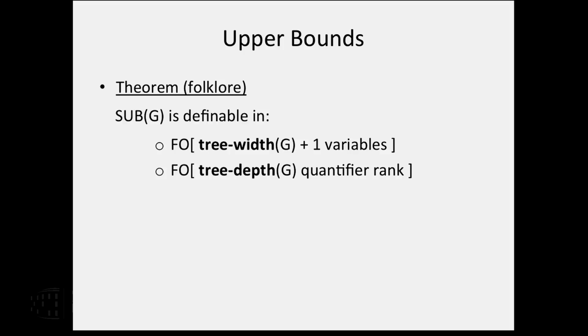It's not hard to show that the G subgraph isomorphism problem is definable by a first order sentence with tree width plus 1 variables, as well as by a first order sentence with tree depth quantifier rank. I'm going to define what tree width and tree depth are next.